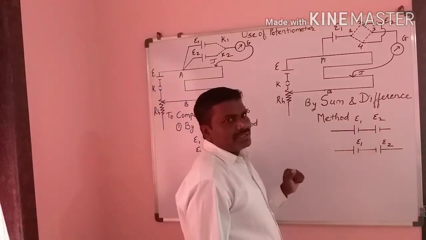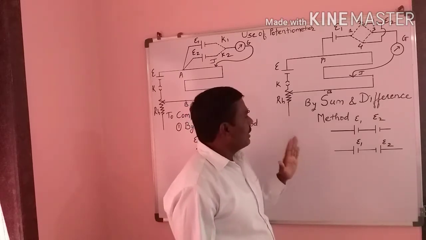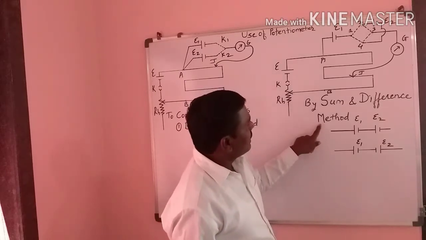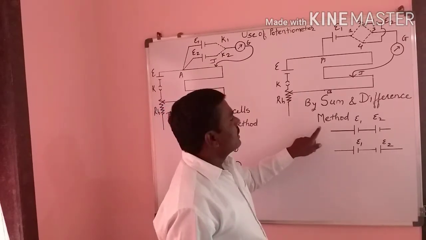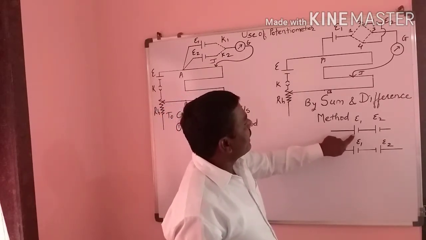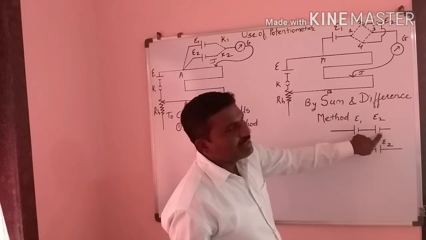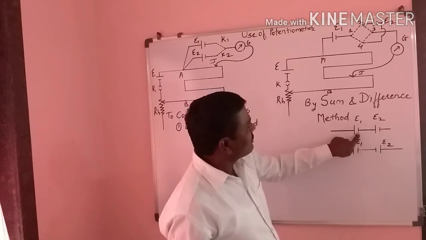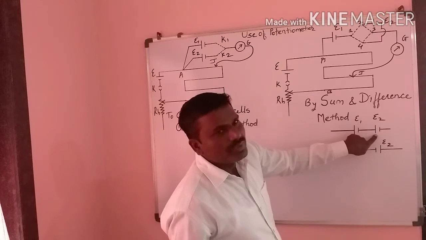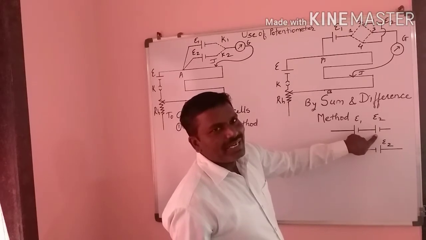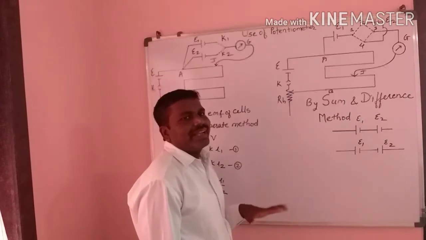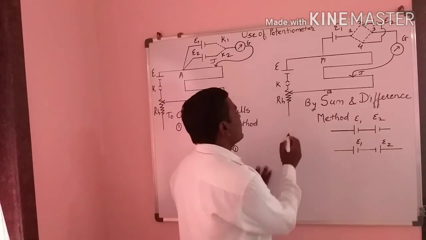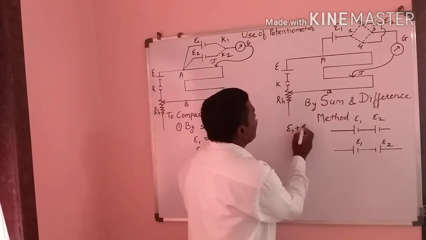Now we discuss the second method to compare the EMFs of cells, the sum and difference method. When the positive terminal of the first cell is connected to the negative terminal of the second cell, or the negative of the first is connected to the positive of the second, the EMFs are added and the effective EMF is E1 plus E2.